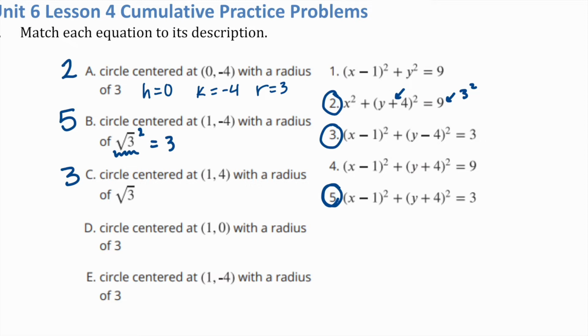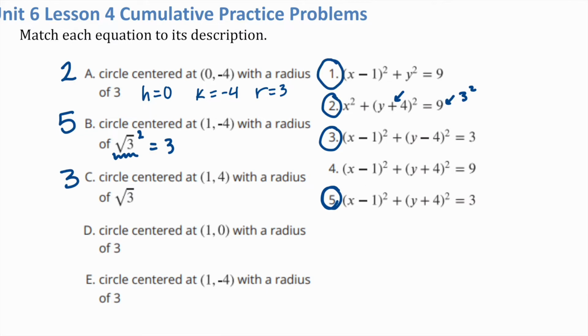So we have x minus 1 and y minus 0, and y minus 0 is just y. That leaves us with the only option being number 1, (x minus 1) squared plus y squared equals 9, and that checks out because our radius is 3, and 3 squared is 9. So this is 1.